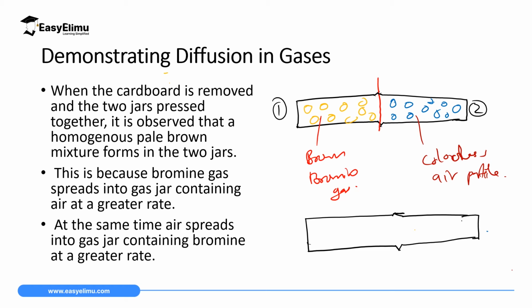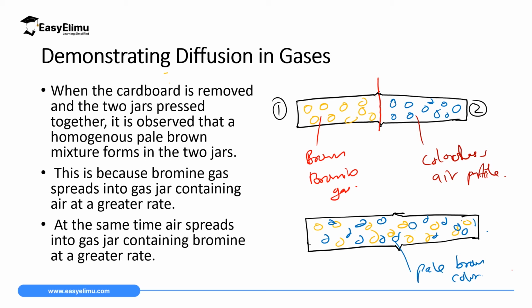If these are the two gas jars, you will have the brown color, which is now pale brown. It means the particles have interacted. The particles of air with the particles of bromine have interacted to form what we call pale brown color.